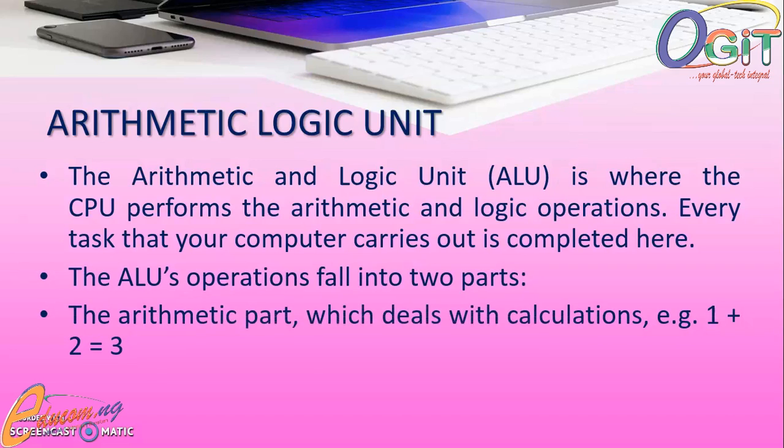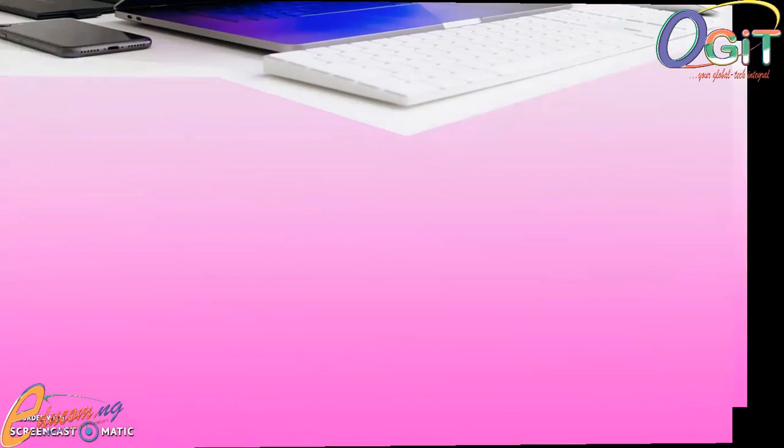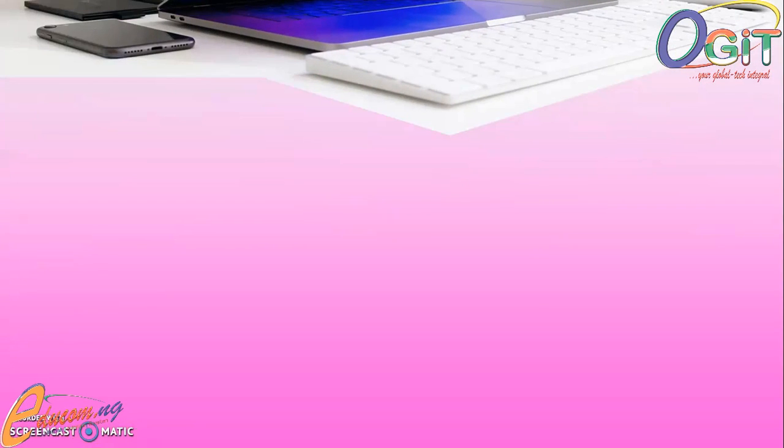The first one is the arithmetic part, which deals with calculations. For example, your addition, your subtraction, your multiplications are done on the arithmetic part of the ALU, while the logic part deals with any logical comparisons. That's it for the ALU.